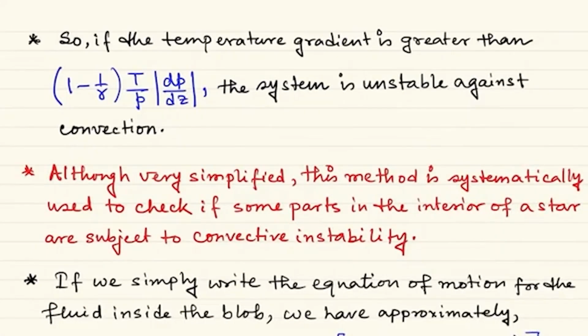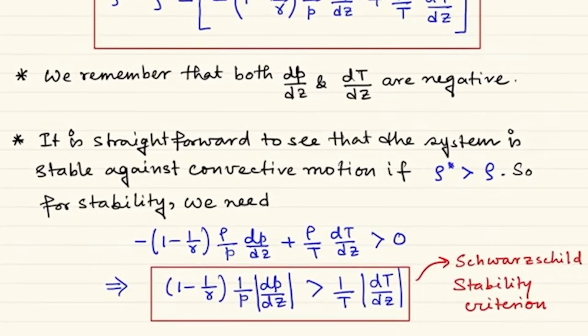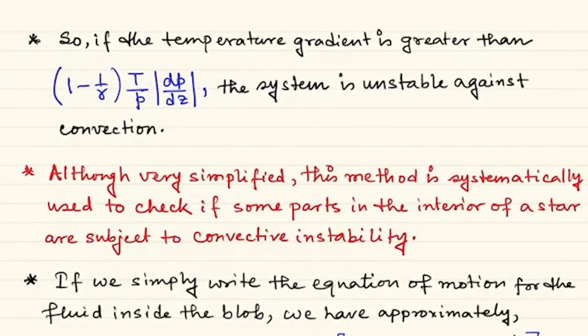You see that this is basically an interplay between dp/dz and dT/dz. When dp/dz overshoots dT/dz, we have stability. When dT/dz overshoots dp/dz, we have instability. So if the temperature gradient is greater than this critical value, the system can no longer retain its stability.